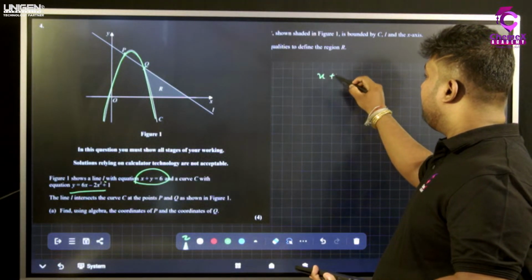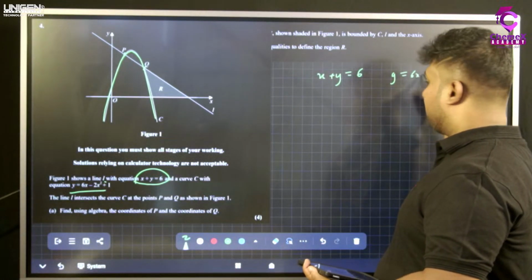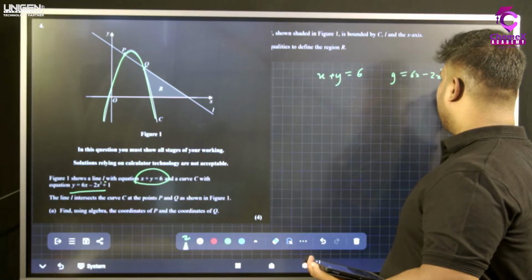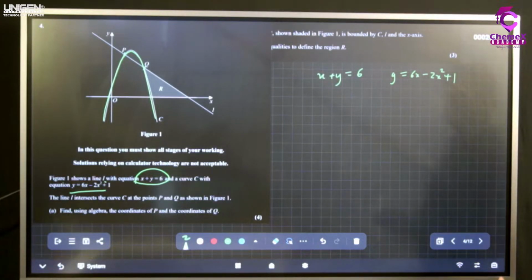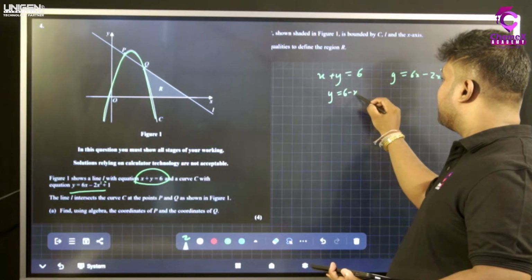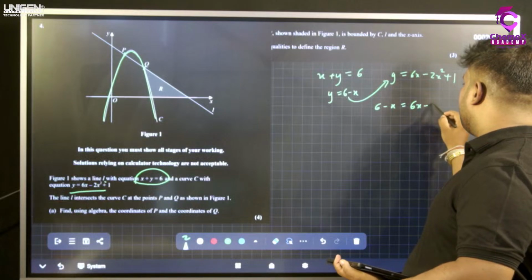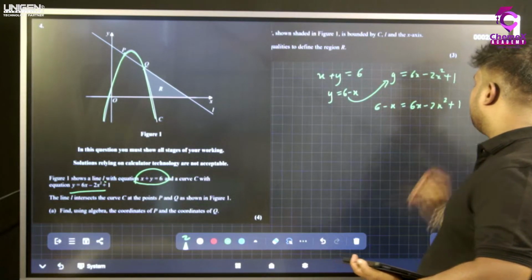X plus y equals 6 and y equals 6x minus 2x squared plus 1, simultaneous equations. Understood? So if I make y the subject from here, it's 6 minus x. Put it here: 6 minus x equals 6x minus 2x squared plus 1.